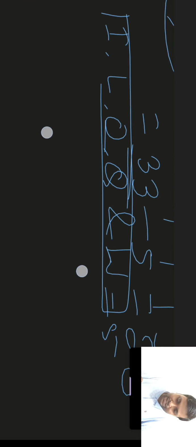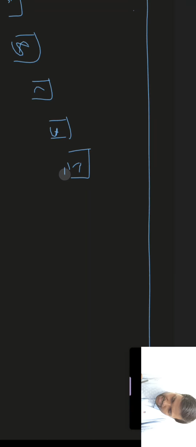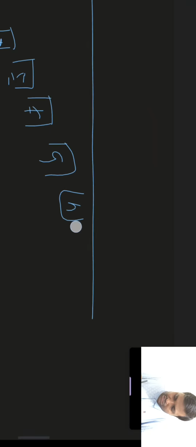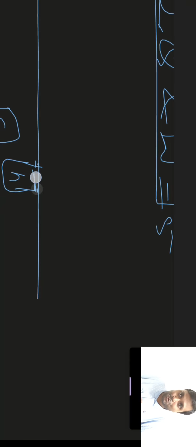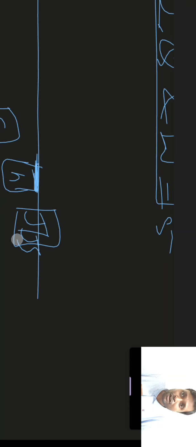So let's understand the fundamental deviation for shaft. So this is A fundamental deviation for shaft, this is B, this is C, this is D, this is E, this is F, and this is G, and this is H. After this H, whose upper deviation is 0, there are J and JS, and then it will move on.